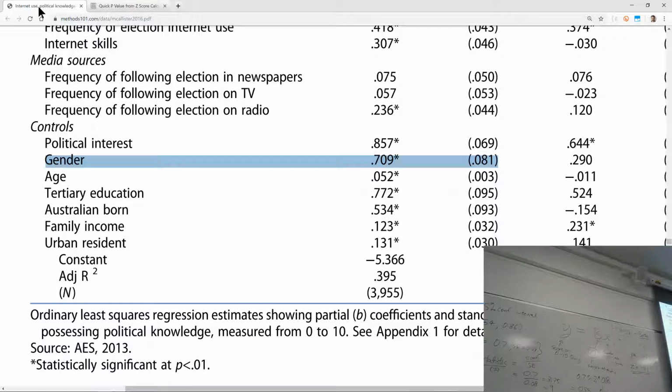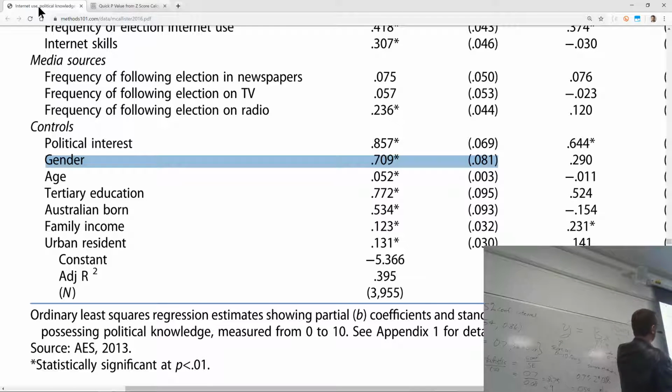Australian born, you get about half better. Family income, I think, is divided into 5 categories. So from the lowest to the highest category might be almost 5 minus 12, about 60, so 1.6. Urban residents do a little bit better. That's binary, though. It might actually be 1, 2, 3, 4, 1 being rural and 4 being fully urbanized.